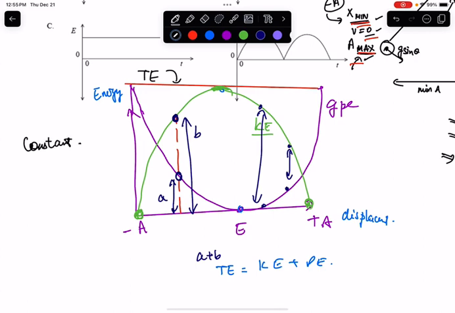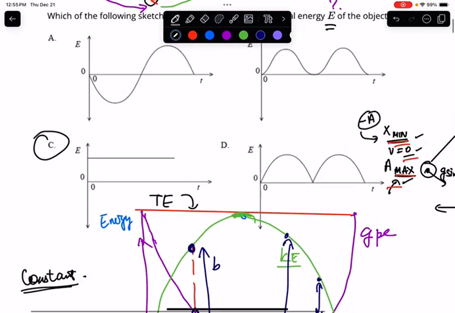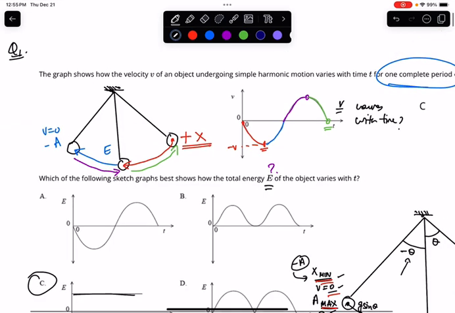Okay? And this relates to the law of conservation of energy, that energy can neither be created nor be destroyed, but only be transformed from one form to another. So the total energy stays constant, and so that's why the clear answer for this is C. Okay? Because if you look at graph C, the total energy. So see over here, you need to read the question.